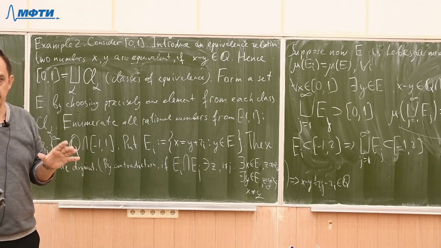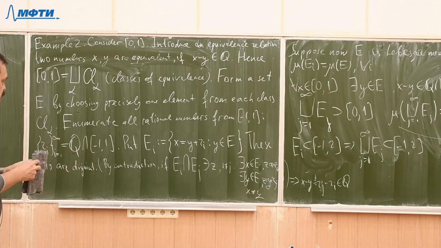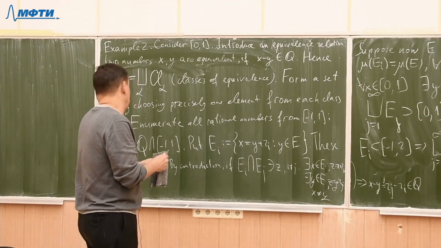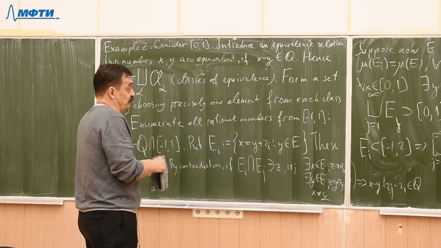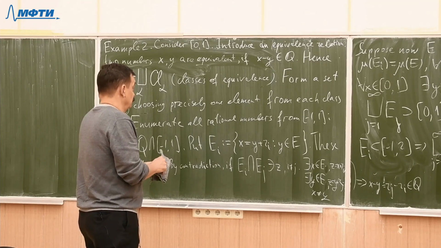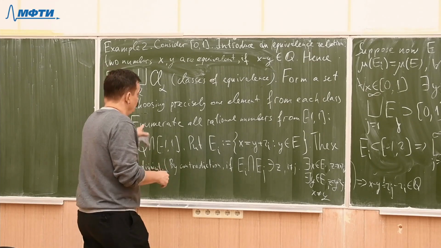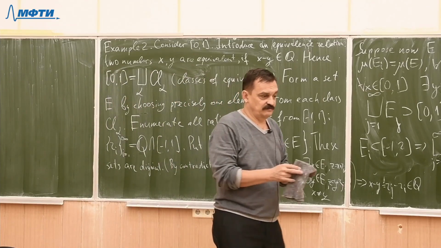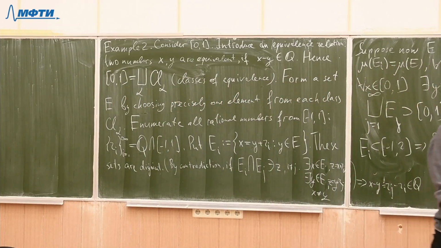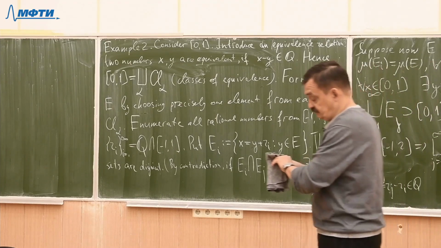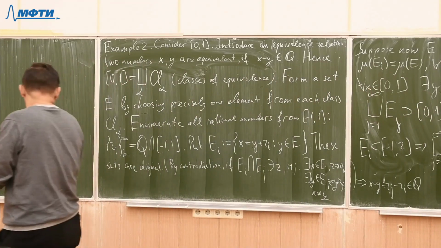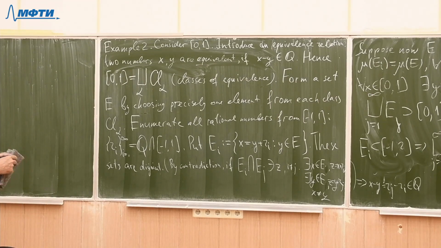That is a very strange procedure. And in fact, there are no examples of Lebesgue non-measurable sets which are constructed without this procedure. Most sets which appear in applications are Lebesgue measurable, in fact.